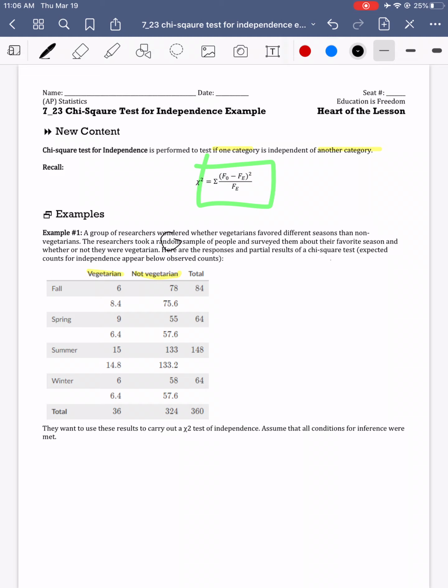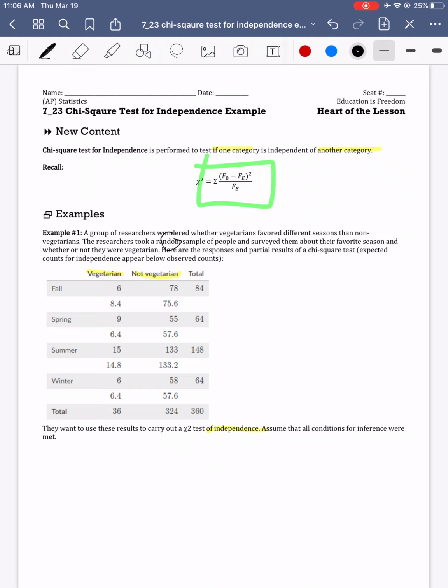The problem does say carry out the test for independence, but even if it didn't say that, we're looking to see if one category is different from another. So this is to see, are vegetarians independent of non-vegetarians in terms of their favorite seasons. So that's what we're looking for, independence.